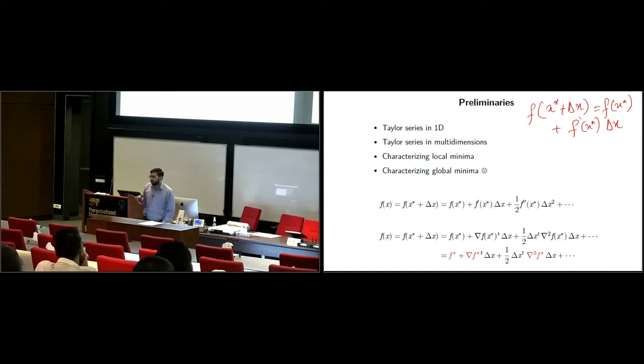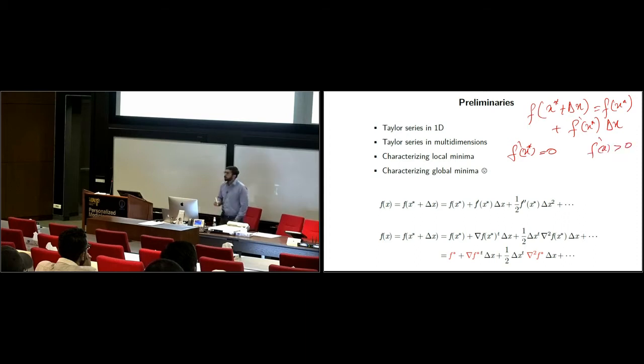In 1D, we can have three cases. The first is that the derivative of the function at x star is equal to 0. We don't need to look at it because we claim that this would mean it's either a maxima or a minima, and in this case we have chosen a minima. So let's look at when f dash of x is greater than 0.